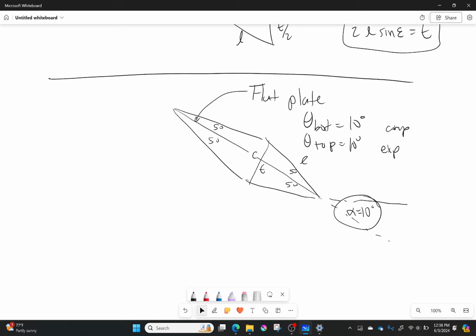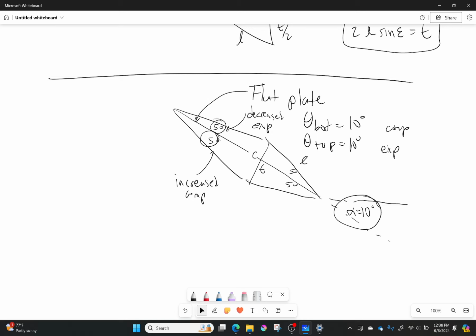But it's not a flat plate. So you see this right here, I've got this 5 degrees here and I've got this 5 degrees here. What does that do? Well, this 5 degrees on the bottom has increased my compression, and the 5 degrees on the top has decreased my expansion.